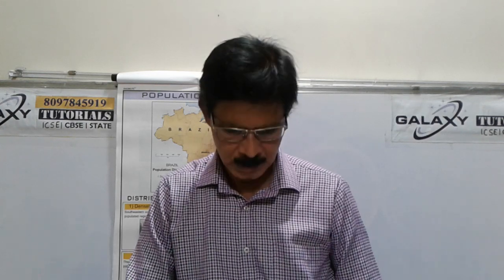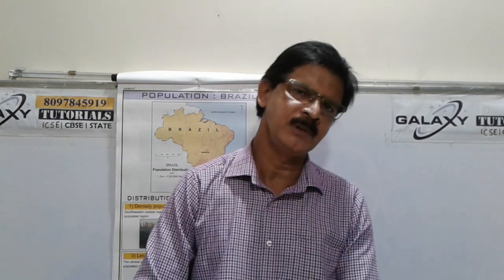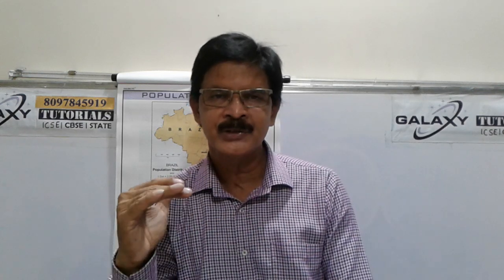Okay. Now let us come to the next graph. The next graph is on page number 43. Now this graph shows the life expectancy. Now what do you mean by life expectancy? Life expectancy means the average years a person in a country lives.